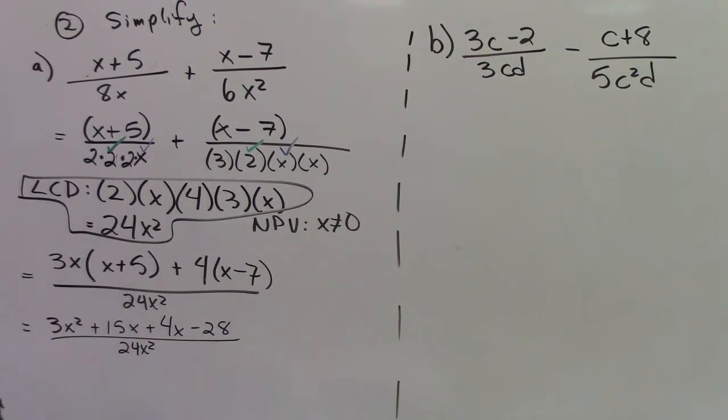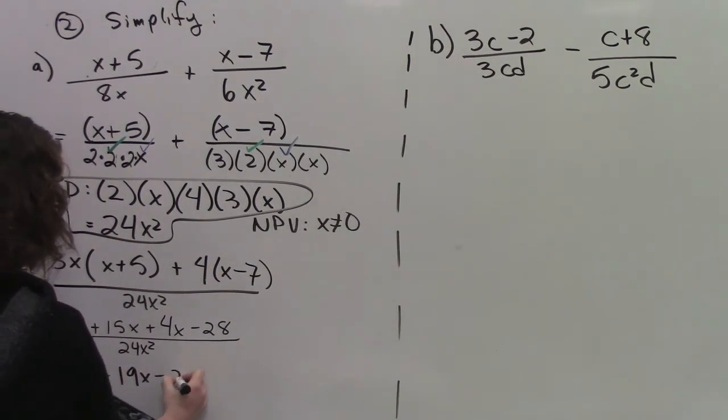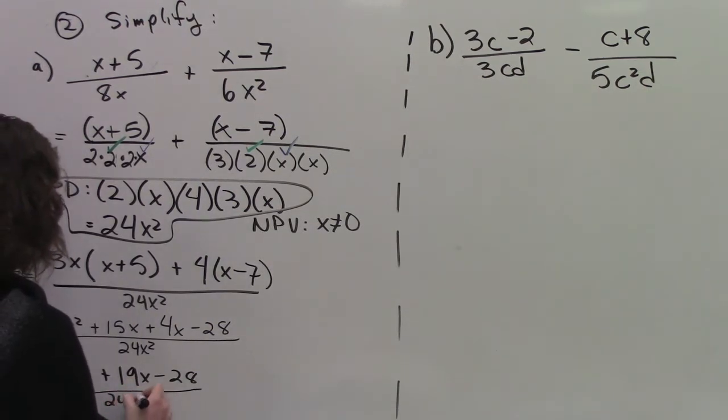Do I have enough room for one more line? Oh, you bet I do. So I'm going to combine these two terms here. So I have 3x squared plus 19x minus 28 all over 24x squared.